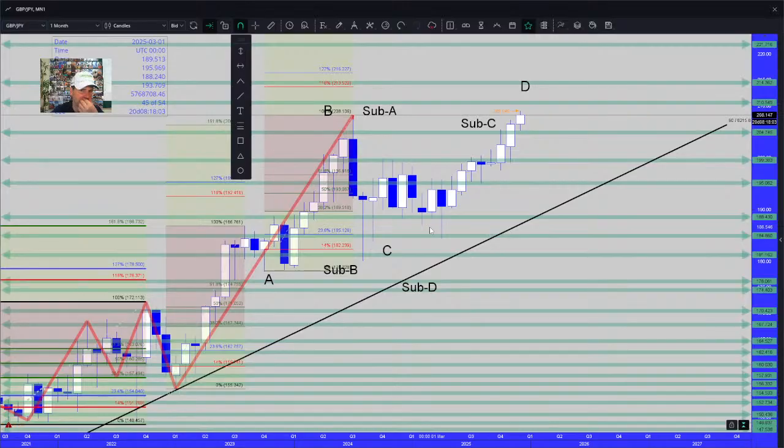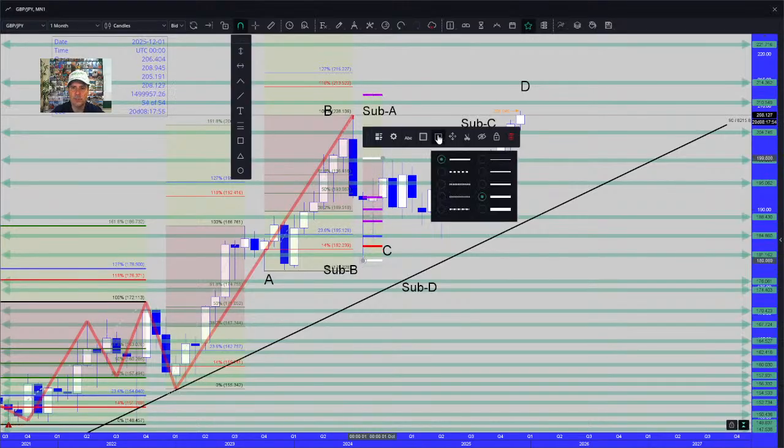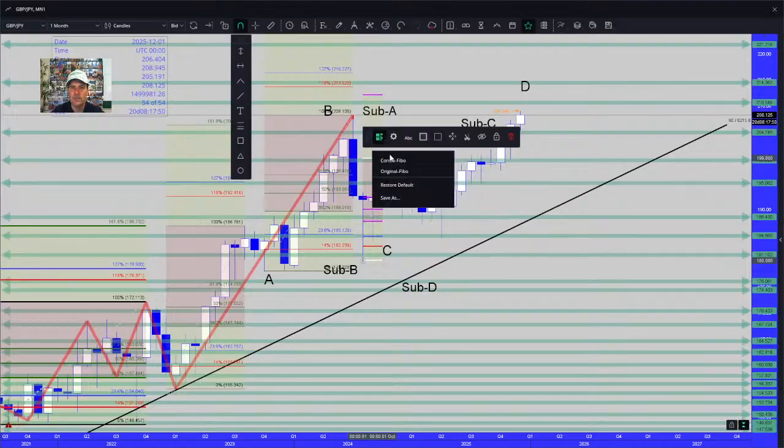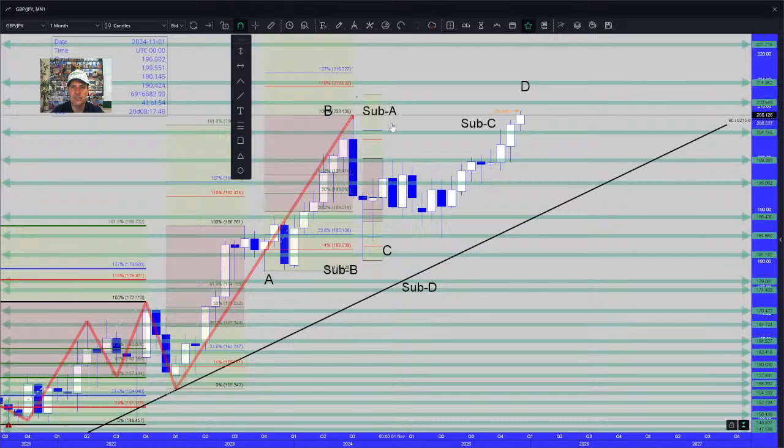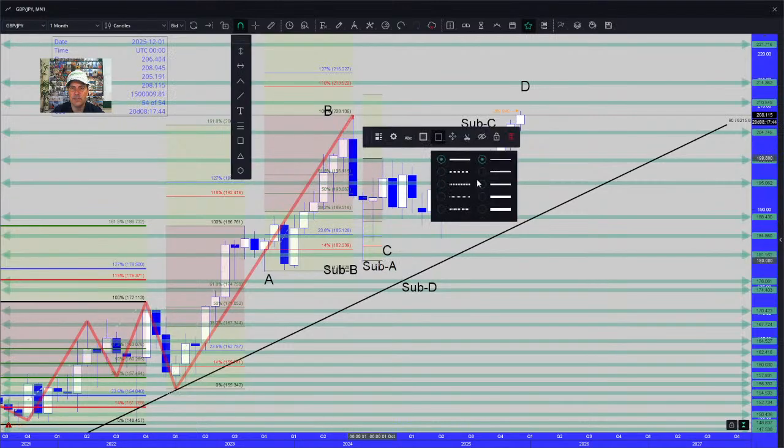So we're going to use the sub A, sub B, sub C to chart the confirmation Fibonacci. The first one, that's on me, so we're going to just make it like not that. And here, the original Fibonacci. So this is going to be the sub A.